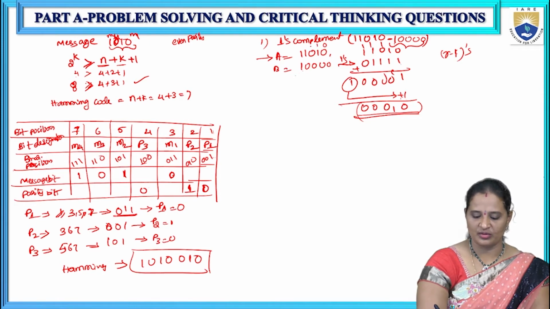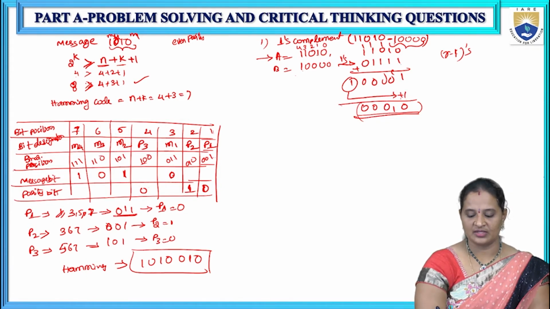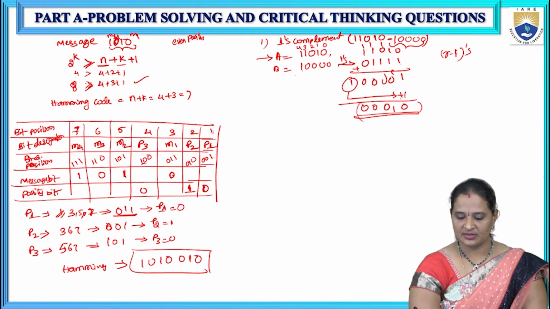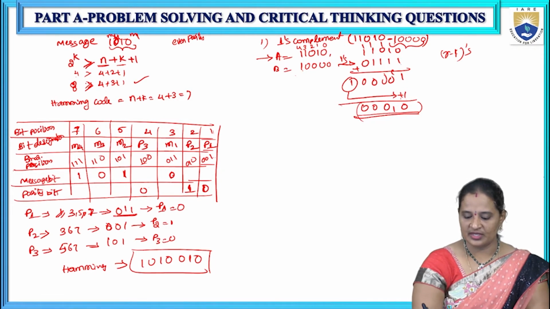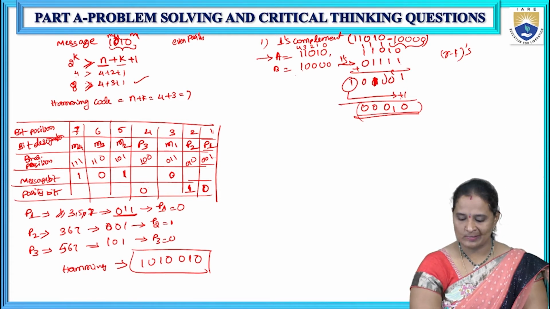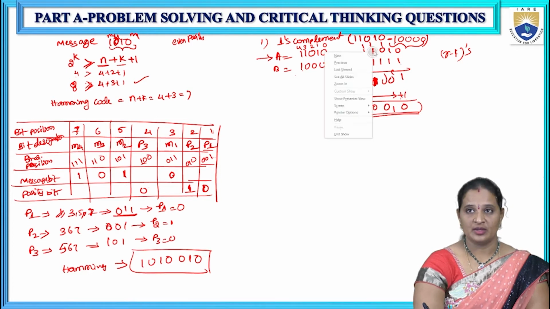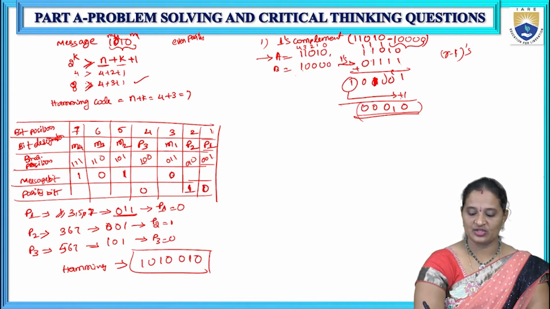This is 2 power 4, 16, plus 8, 24, plus 2, 26, and this one is 16. Sorry, actually the end-around carry is 1. 1 plus 1 is 0 with a carry 1, and again 0 plus 1 is 1. So we have 1 here.